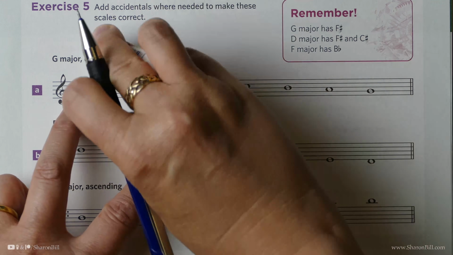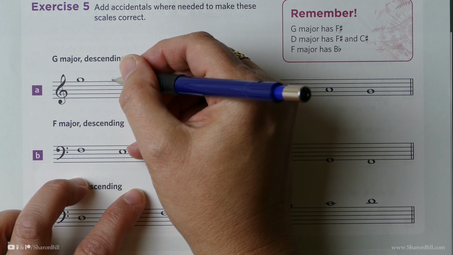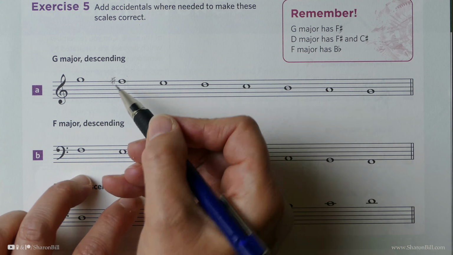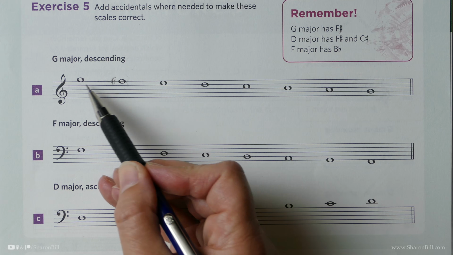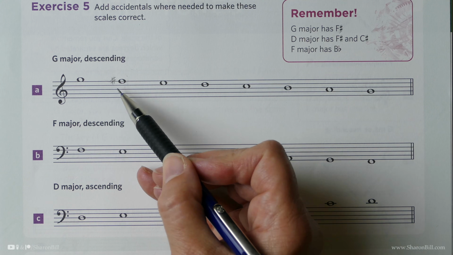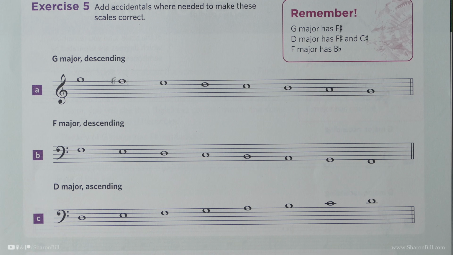Perhaps do that again. Let's just tidy it up a little bit. Let's go again. You always work in pencil. It doesn't matter if you go wrong, you just rub it out. There we are, it's a bit tidier. So there is the sharp sign. And now that we've got the G major with the F sharp in it, that will be correct. And the tones and semitones will now all work correctly for the major scale pattern.